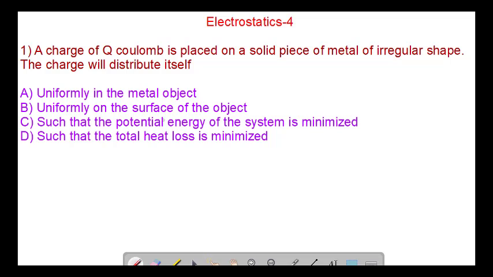So here also the charge will distribute itself on the irregular shape such that the potential energy is minimized. In case of a regular shape metal piece, the potential energy is minimized when the charge is uniformly distributed over the surface. But because this is an irregular shape, it adjusts itself such that the potential energy is minimized. So C is the option in this.